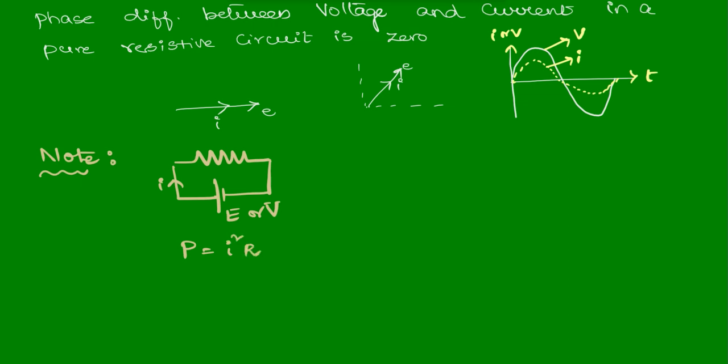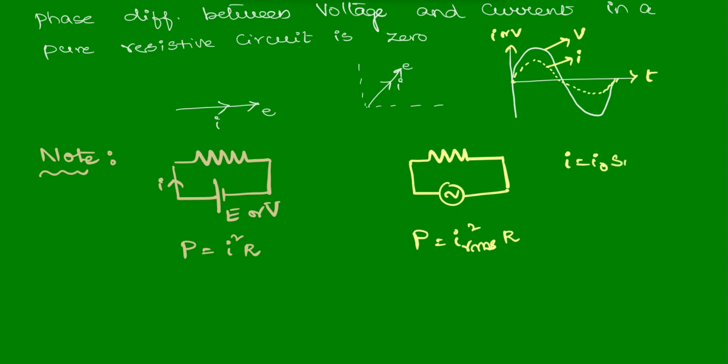And if an AC source is connected, then the power dissipated in the circuit, we have to take as I RMS square R. Once we know I is equal to I naught sine omega t, we can calculate I RMS like this: I RMS will be equal to I naught by root 2.